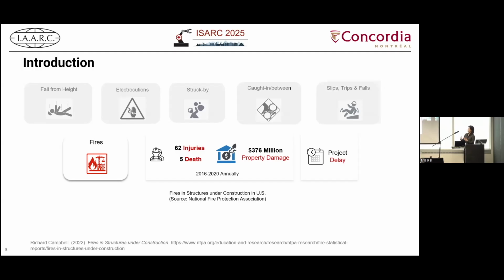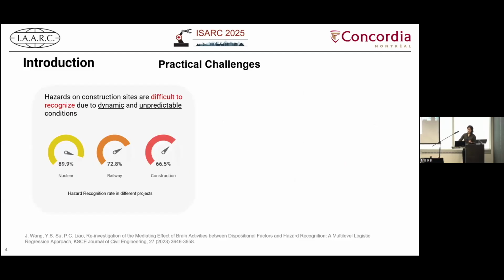When we're talking about hazards, the first and one of the most important steps is to identify the hazards. However, in practice, hazards on construction sites are really hard to identify because they are dynamic and unpredictable. As you can see in the figure, compared to other high-risk projects, construction sites only have around 16.6% of hazards identified.